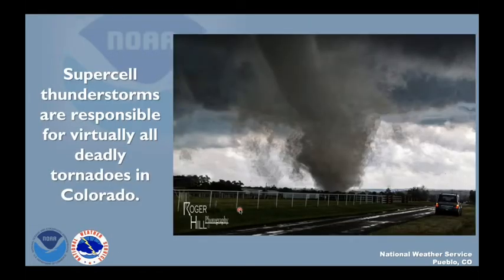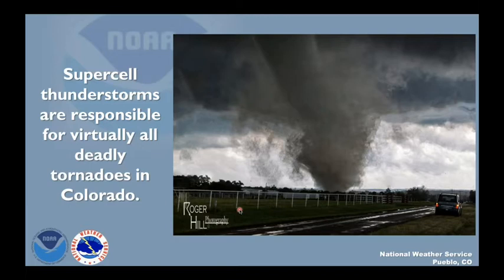All right, supercell thunderstorms are virtually responsible for all the deadly tornadoes in Colorado. Which is true. I mean, landspouts are dangerous, but the supercell thunderstorms are the most dangerous. Another reason is because they're associated with much more than just tornadoes.